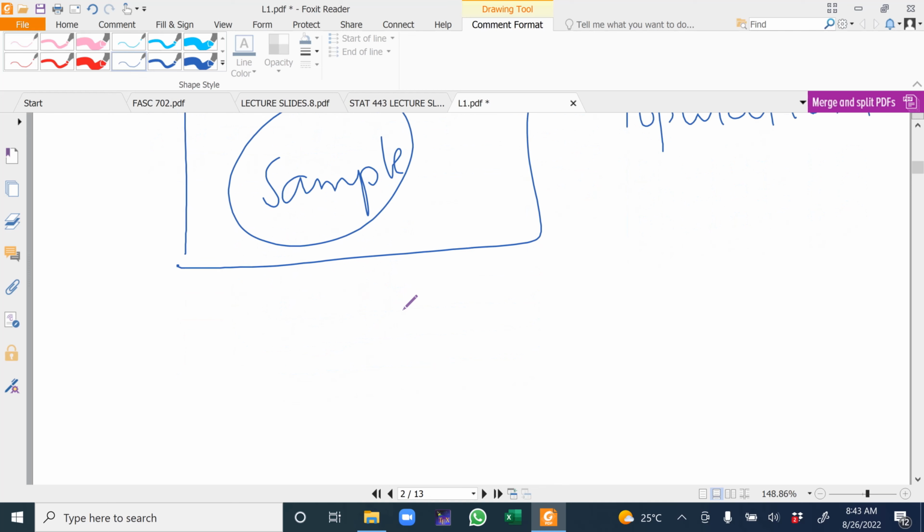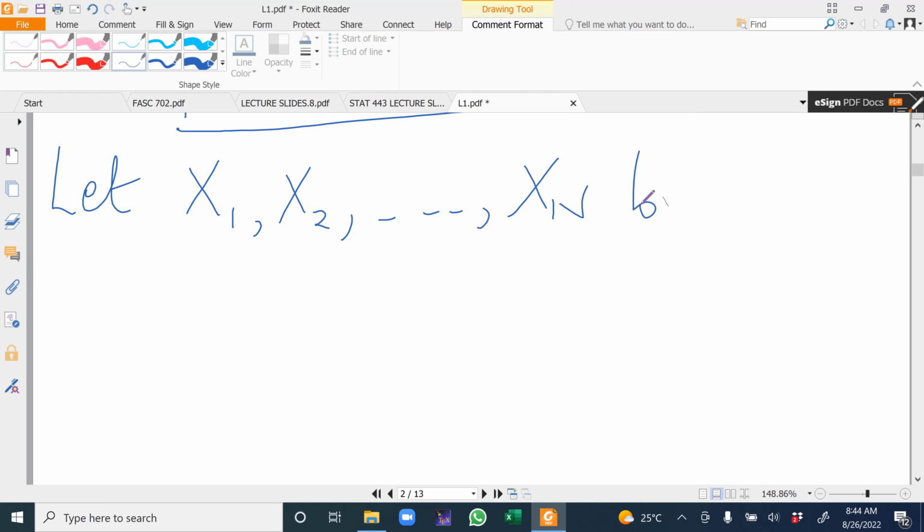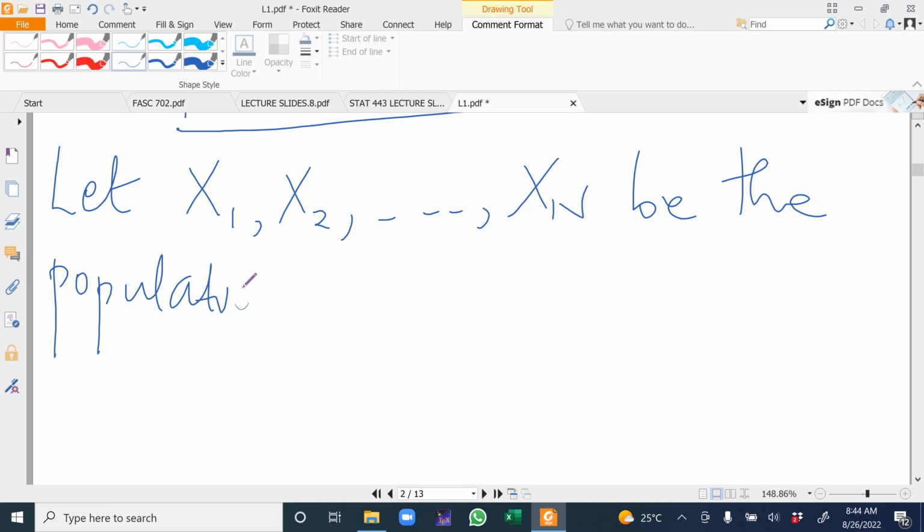Let us suppose that x1, x2, all the way up to xn are the population units that are heterogeneous in nature. Now, from these population units, we are supposed to identify the sample.